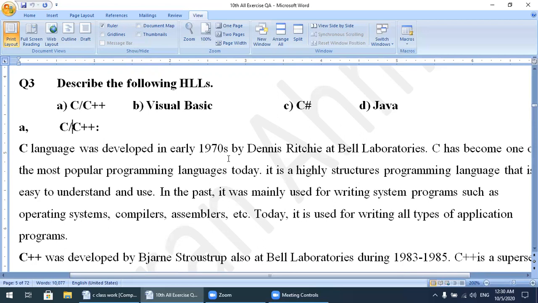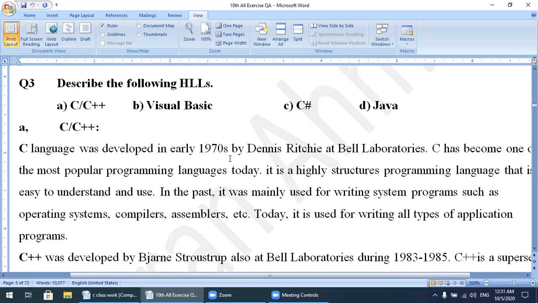But C language is used for multiple purposes: for hardware programming and for software programming. For hardware interaction we can use C, and for making any kinds of software we can also use C. For example, we can develop the operating system, and compilers, assemblers, interpreters, etc. in C language.